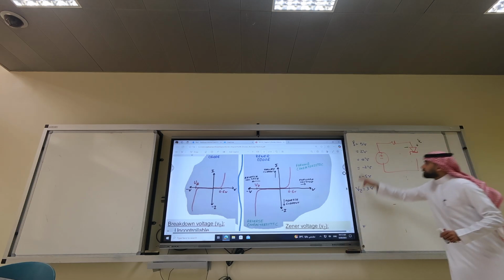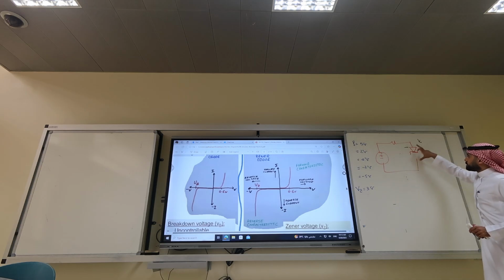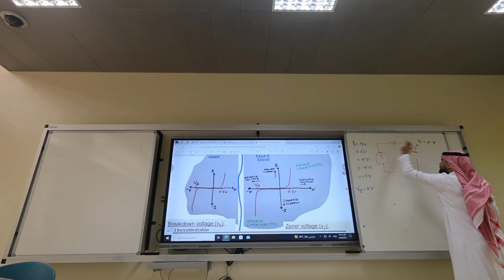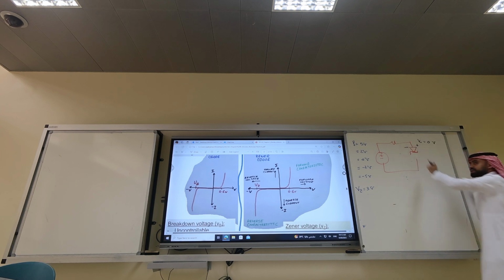If you apply 5 volts, it will be 5 with respect to 0, so the diode will be in the forward region, so it will be what? 0. On forward. So the output is what? 0. If you apply 2 volts, it's forward? Yes. Forward. Diode is short circuit, so what's the output? 0.